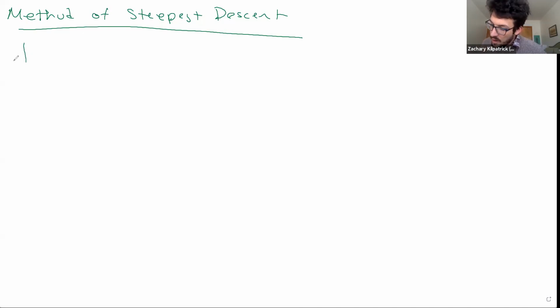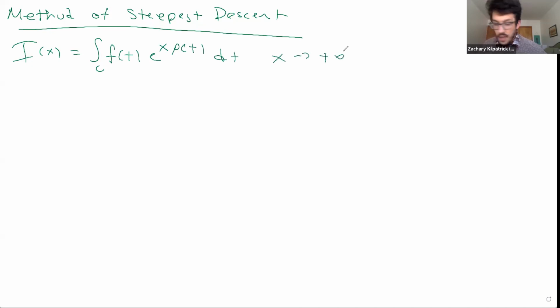We're looking for asymptotics for contour integrals like this, let's say for large x, where rho of t is complex, and C is a contour in the complex plane.